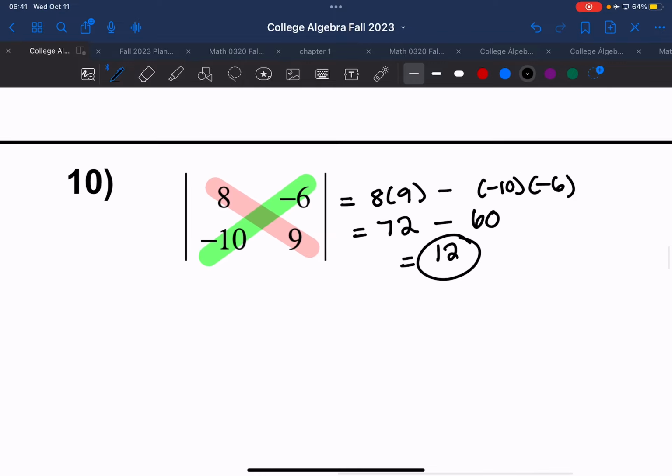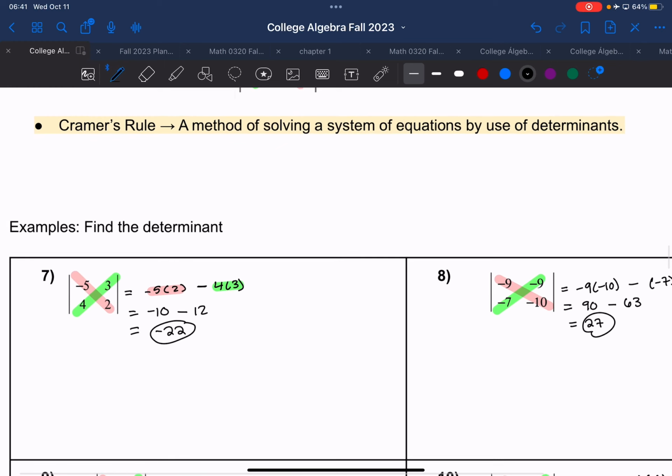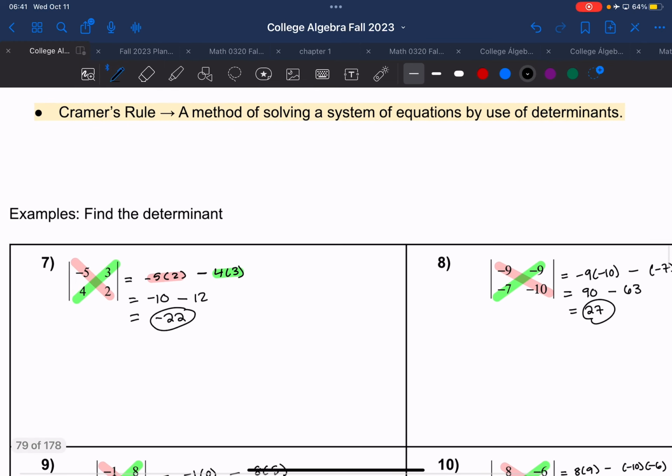Okay, so now I'm going to go back up where I had that definition of Cramer's rule, and I'm going to write the formula for Cramer's rule. So remember, when we have systems of equations, we have the standard form of an equation ax plus by equals c. But we don't just have one of them, we have two equations.